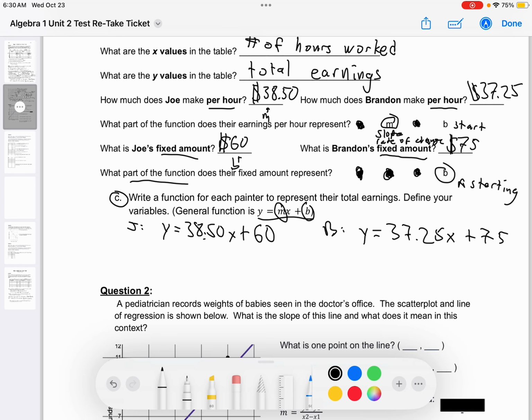The last thing it asks us to do is to define our variables. So that's when we need to say, what do x, y, m, and b represent? I have to put it over here because I don't have room to do it vertically. But we've already said all of these things. We said up at the top that the x values are the number of hours worked. We said that y is the total earnings.